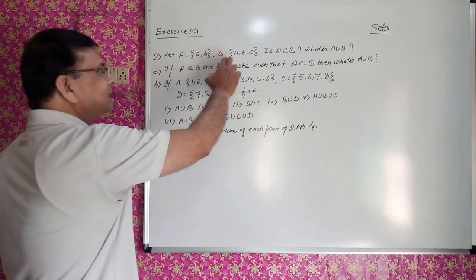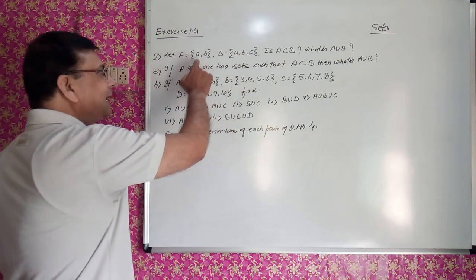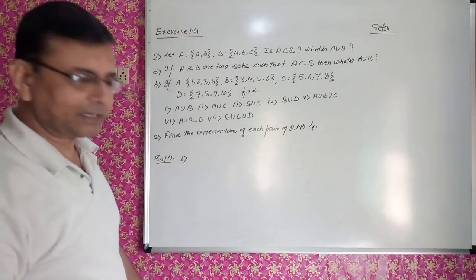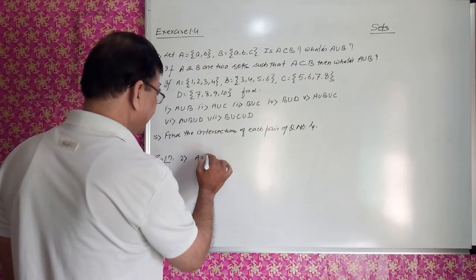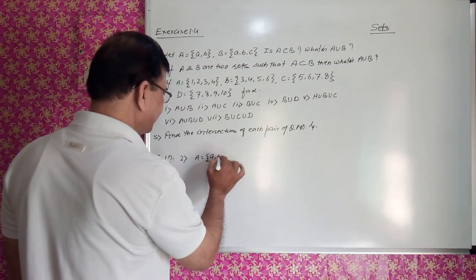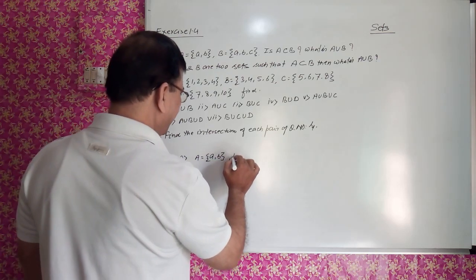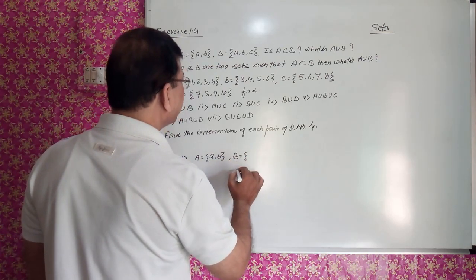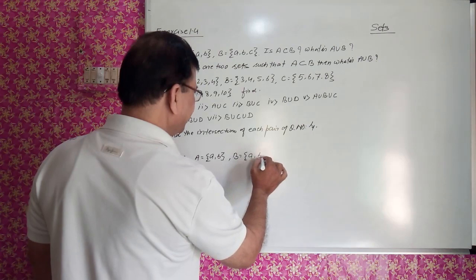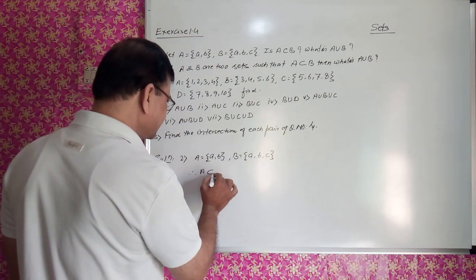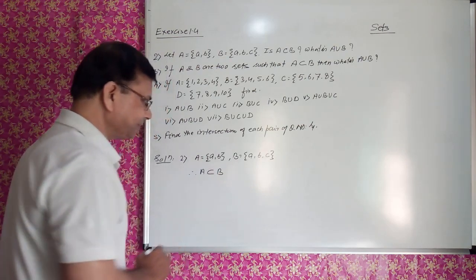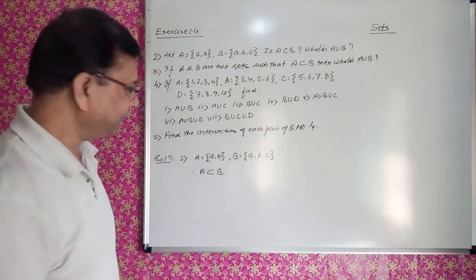So both the elements are there in the set B, therefore A is the subset of B. A is the set having these two elements, and B is the set having the elements a, b and c. Therefore A is a subset of B, meaning both the elements are there in B.